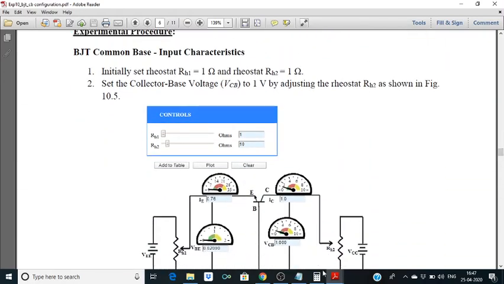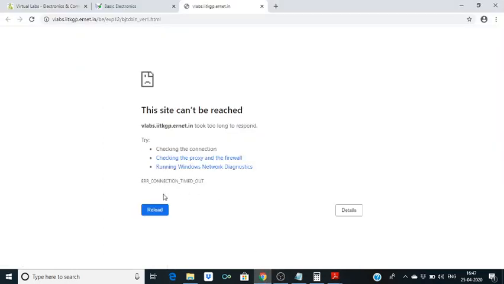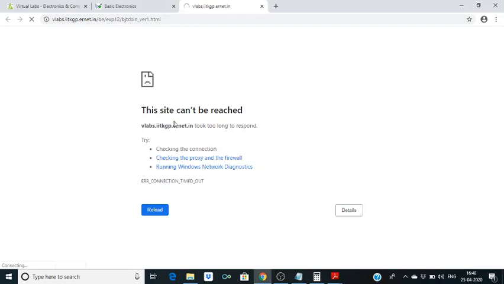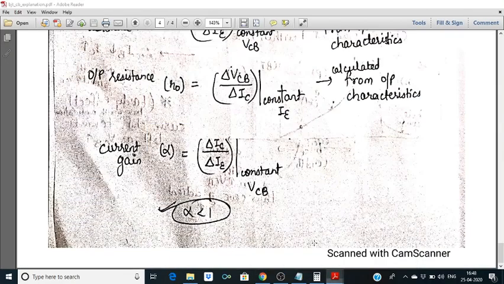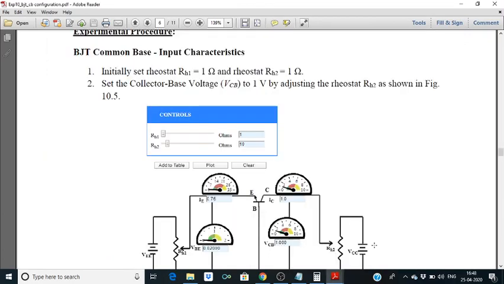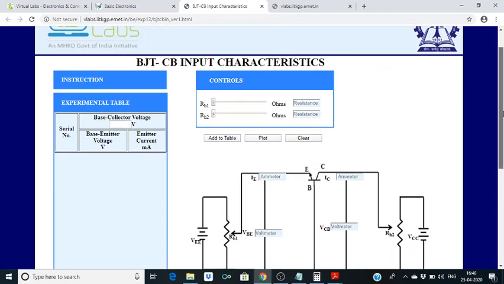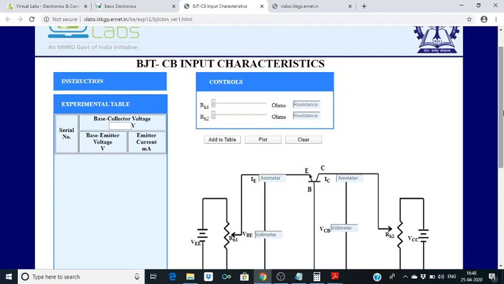These are the steps. What we have to do is plot between input voltage and input current.